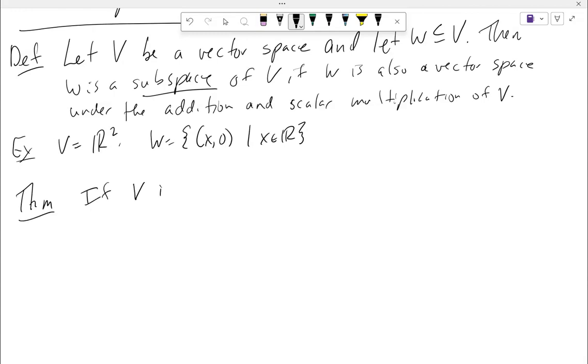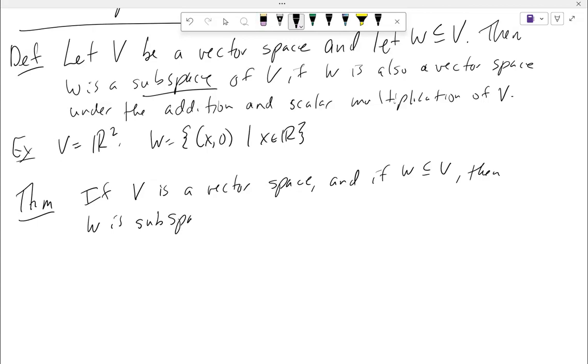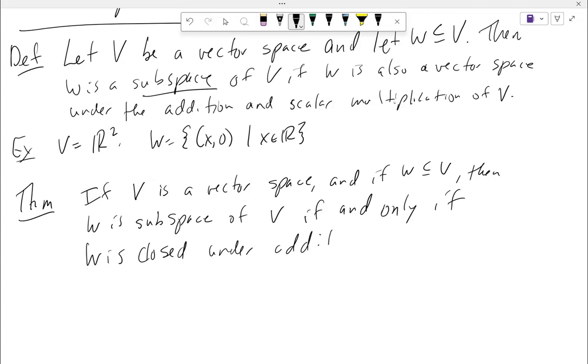If V is a vector space, and if W is a subset of V, non-empty again, then W is a subspace of V if and only if W is closed under addition and scalar multiplication.